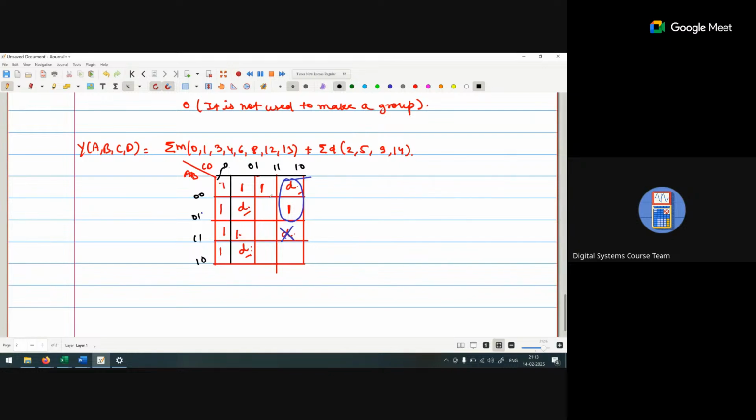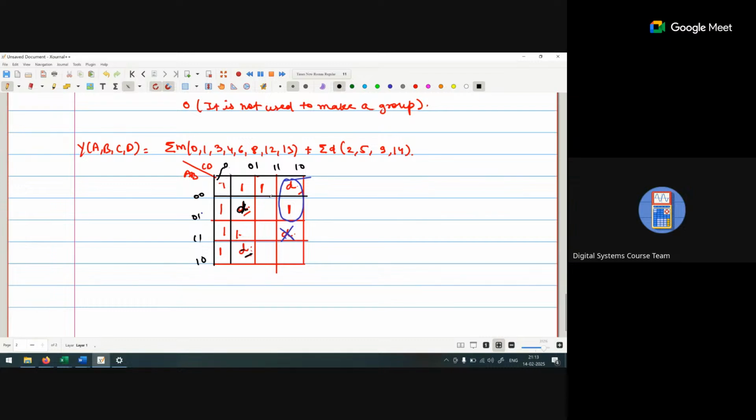If I am not considering this D, a group of 2 is possible. If I consider this D, a group of 4 is possible. Now if I consider this D also, a group of 8 is also possible.